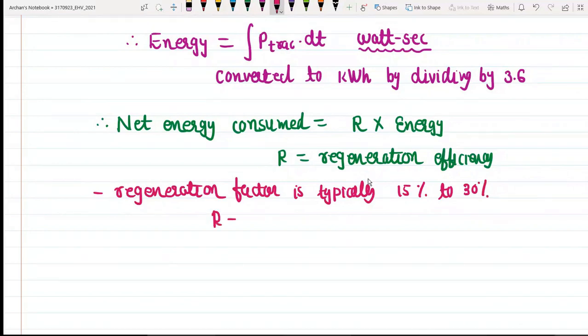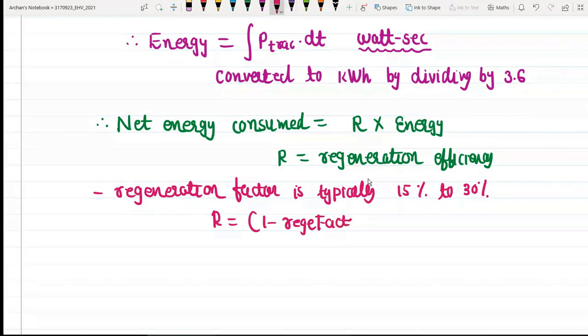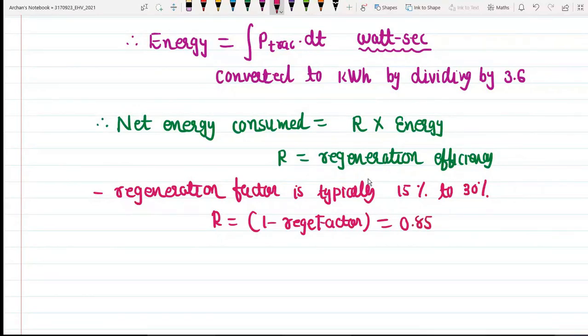So the value of R is nothing but 1 minus the regeneration factor, and it is equal to 0.85 to 0.70. So this is the typical value.